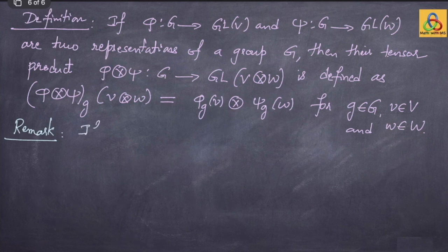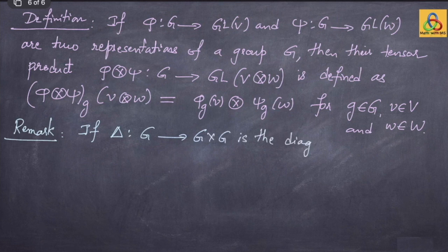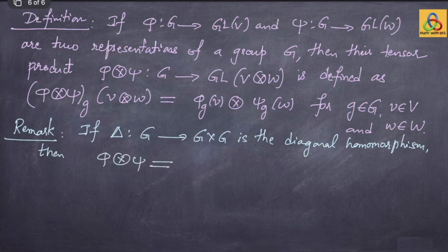So let us put it as a remark. If delta from G to G cross G is the diagonal homomorphism, which takes an element little g to the pair little g comma little g, then phi tensor psi is simply obtained by considering this diagonal homomorphism delta and then composing it with the exterior tensor product of phi and psi.